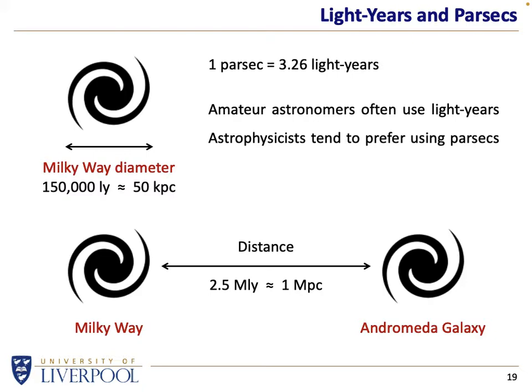So parsec is actually quite a useful yardstick because, roughly speaking, a parsec is typically the distance between stars, and a megaparsec, a million parsecs, is roughly the distance between galaxies. So obviously there's a bit of variation there, but it's a useful reminder. Parsec, distance between stars; megaparsec, distance between galaxies.